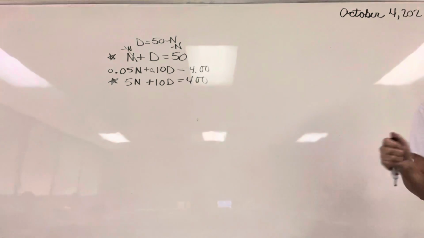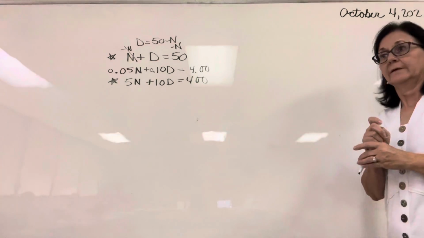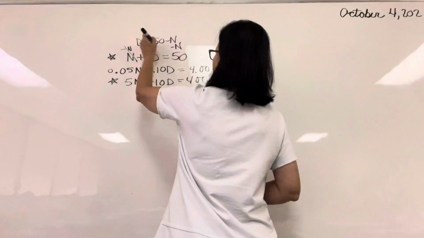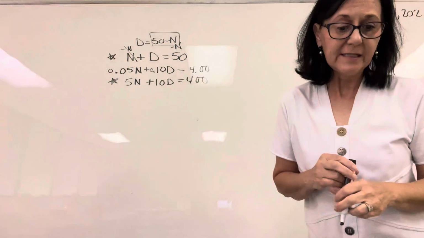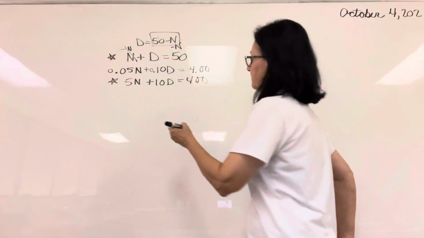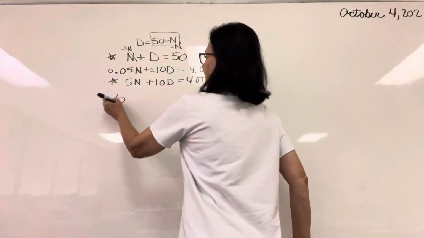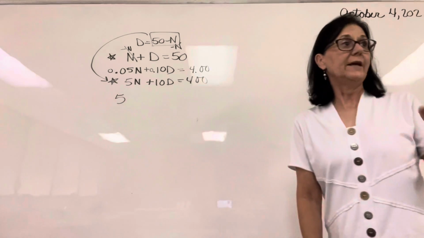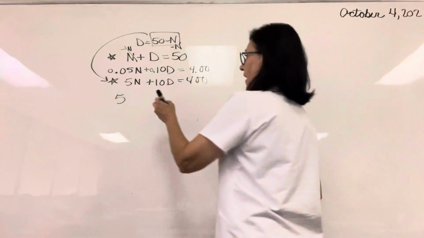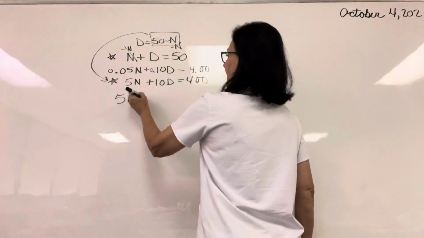Does that make sense so far? So for dimes, we're going to substitute 50 minus n. All right, so it goes into this how much equation, the value. So we leave 5n.